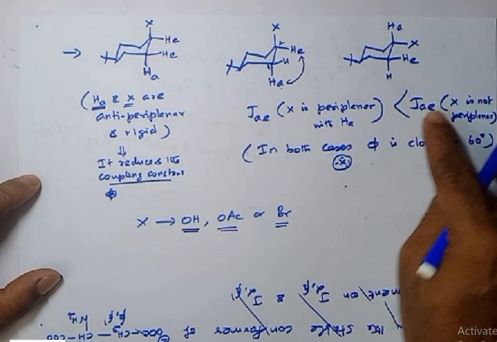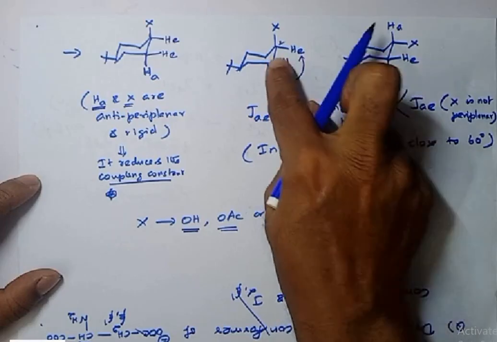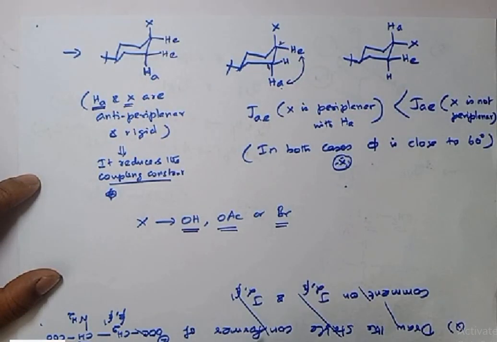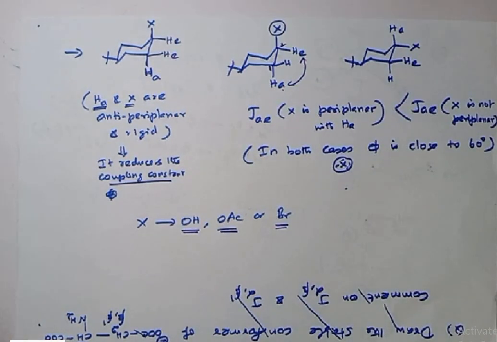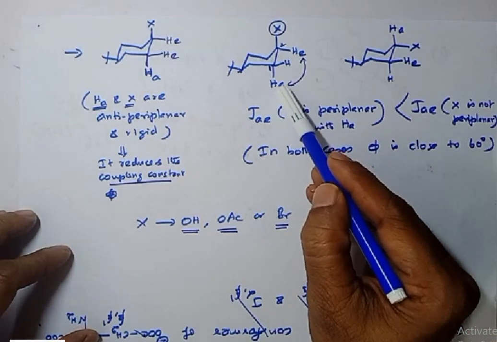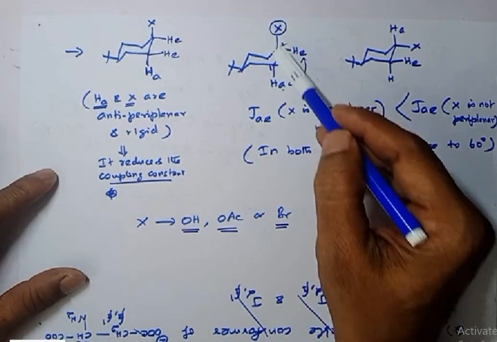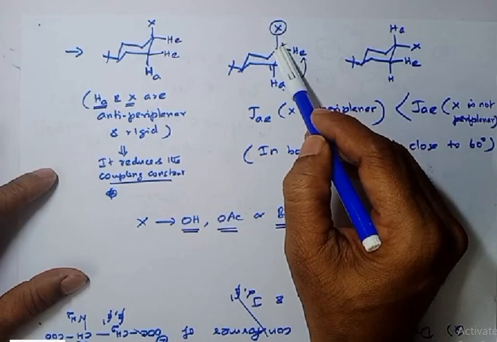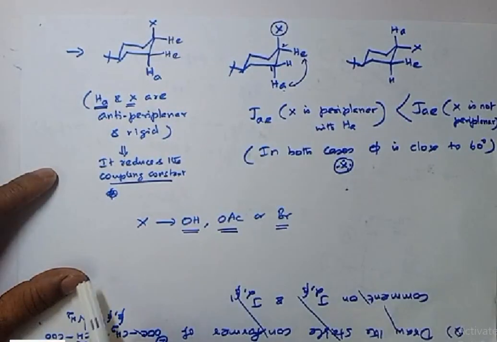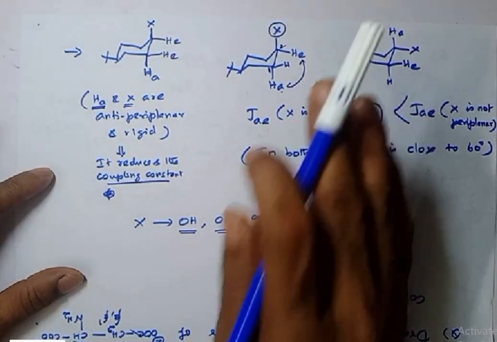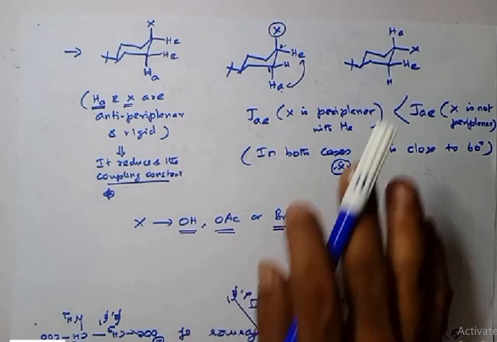It is due to the electronegative group present in the axial position, which makes that X group and the axial hydrogen of the adjacent carbon anti-periplanar. When they are anti-periplanar, then the coupling constant between the axial hydrogen and equatorial hydrogen is reduced. So keep this in mind, very, very important.